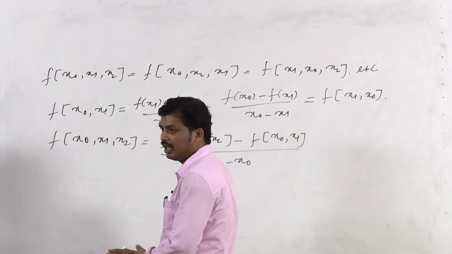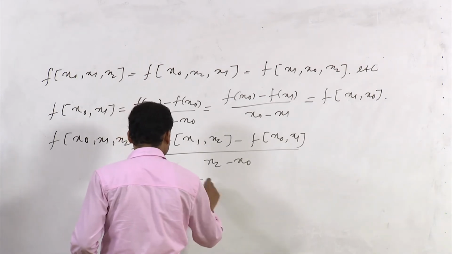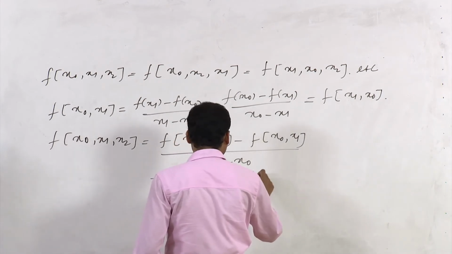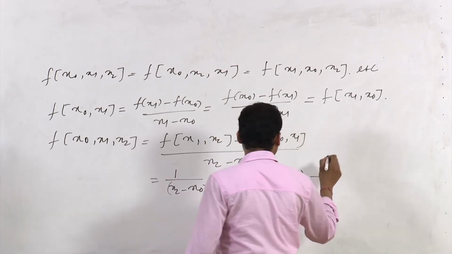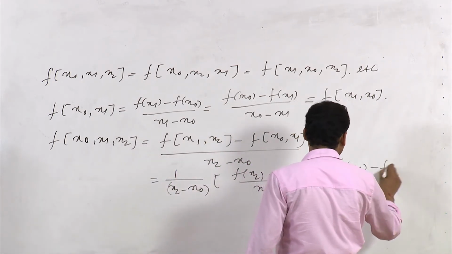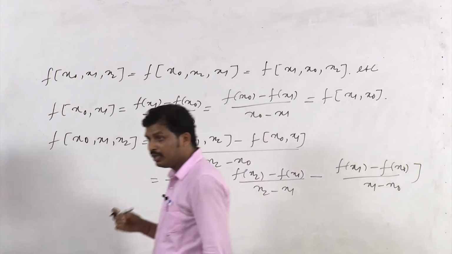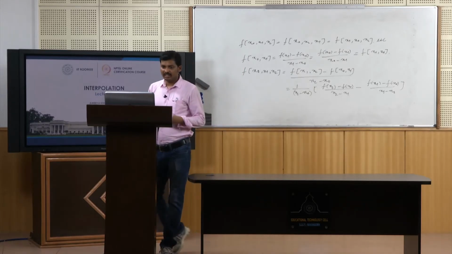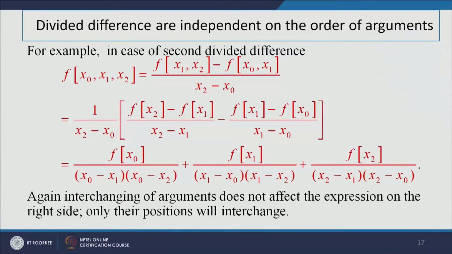If I take 1 by x2 minus x0 common, it can be written as f of x2 minus f of x1 divided by x2 minus x1, minus f of x1 minus f of x0 divided by x1 minus x0. Taking common terms, this can be written as f of x1 minus f of x2 by x1 minus x2 minus f of x0 minus f of x1 by x0 minus x1.